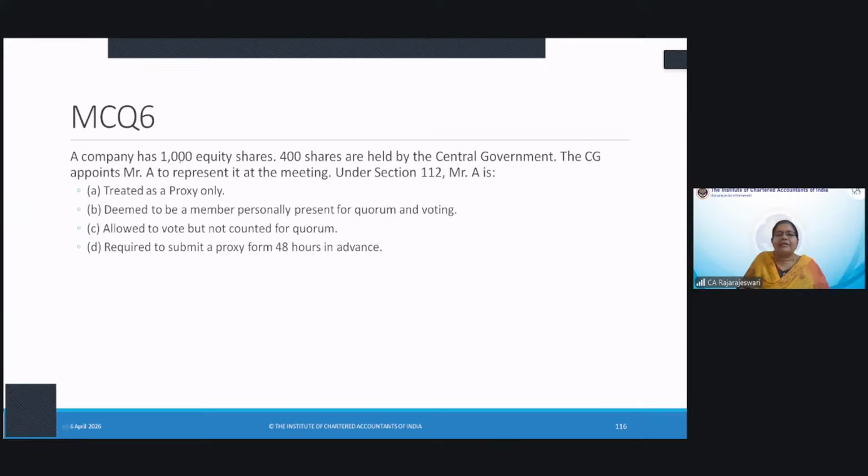Then, a company has 1,000 equity shares. 400 shares are held by central government. The central government appoints Mr. A to represent at the meeting.